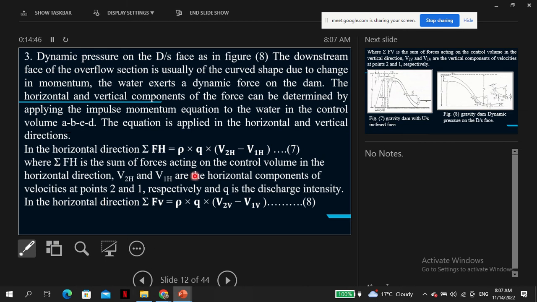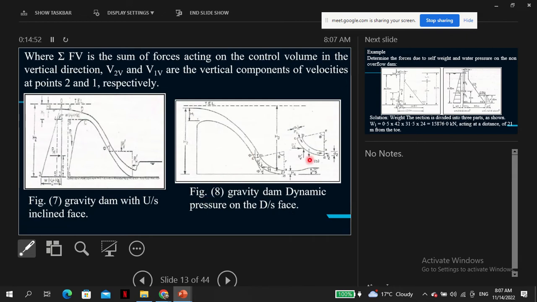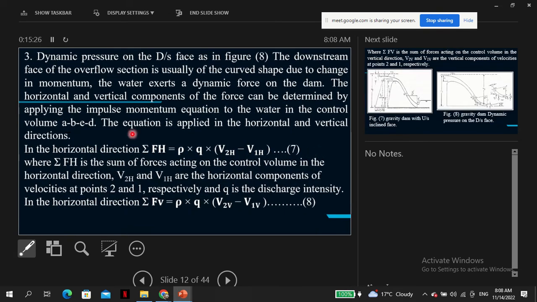So we take some section A B C D, of course this is the surface of the dam, and you consider the equilibrium of forces at the point, and from there you can get the horizontal force.